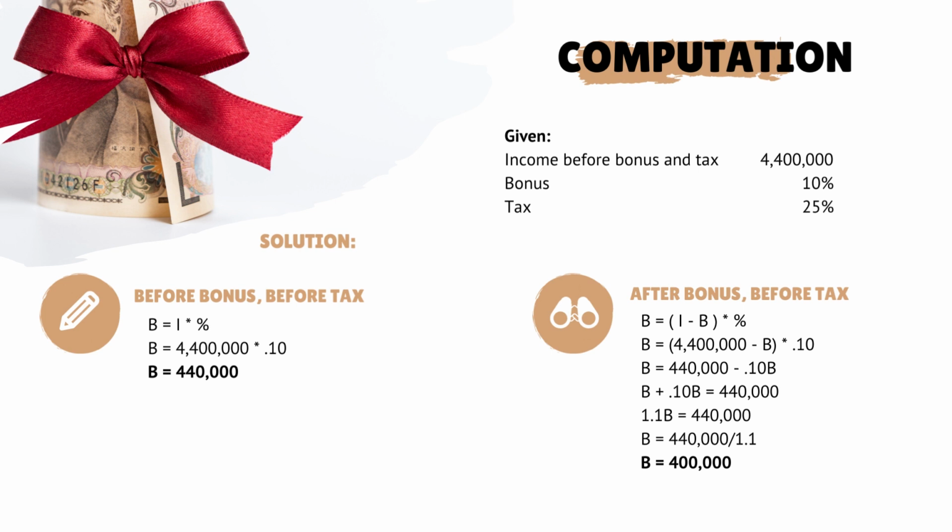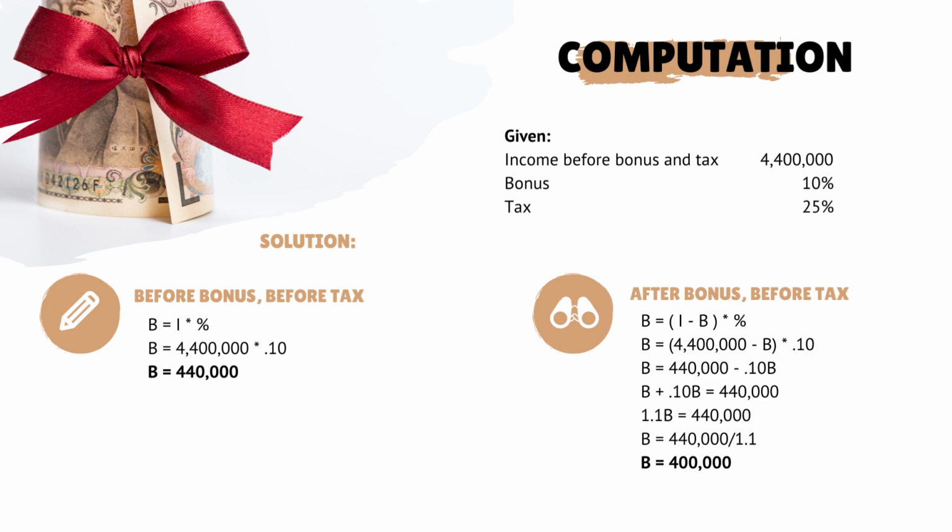So in here, 4,400,000 minus B. We put minus B because we do not know yet the bonus amount.